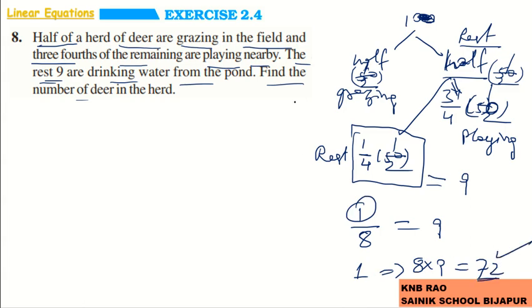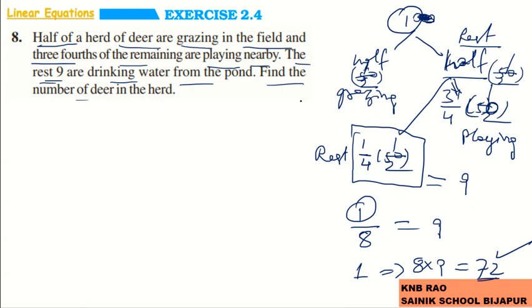Considering one full, half are grazing, 3/4 of the other half are playing, and the rest is 1/4 of half, which equals 9. If you want to find one full, multiplying this by 8 will give 72. This is one way of shortcut.